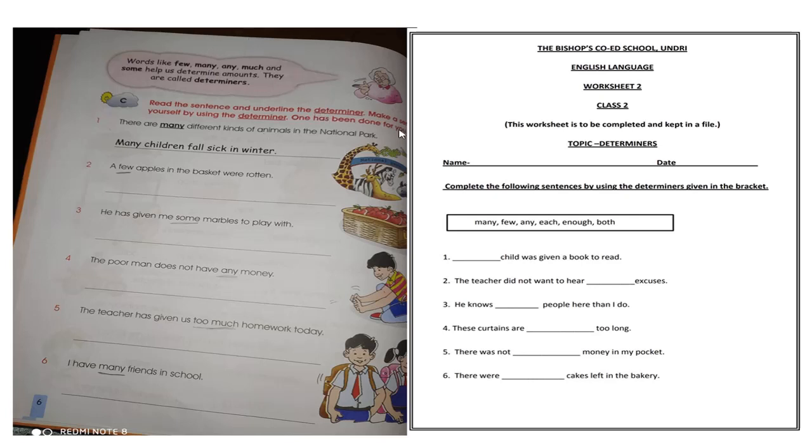So now in these sentences, we'll try to do this exercise. Read the sentences and underline the determiners, and make a new sentence yourself by using the determiner. One has been done for you.